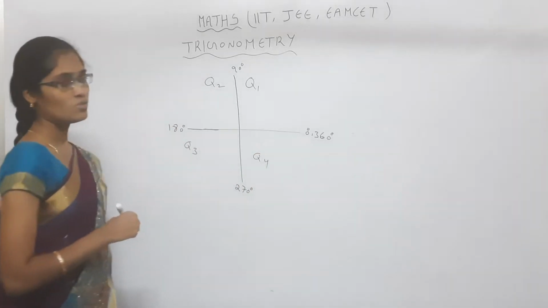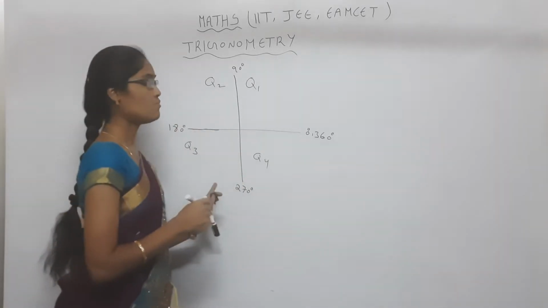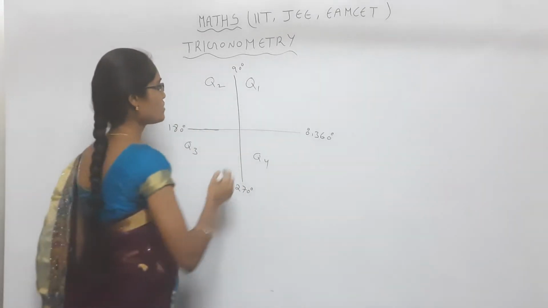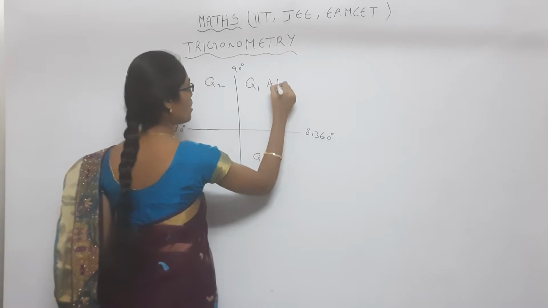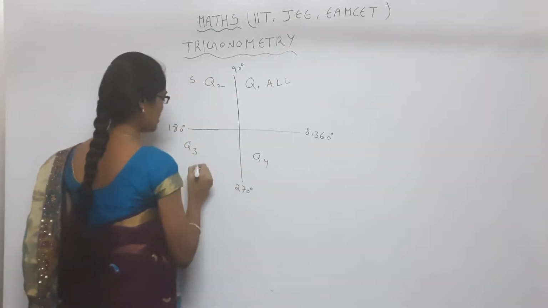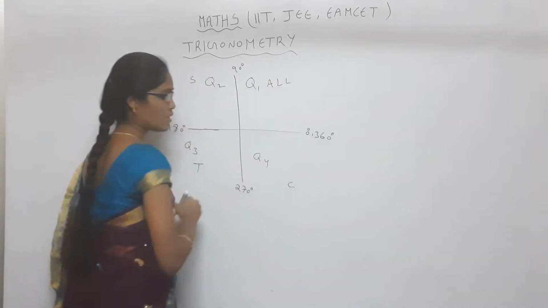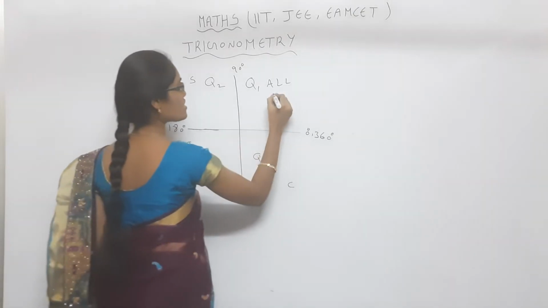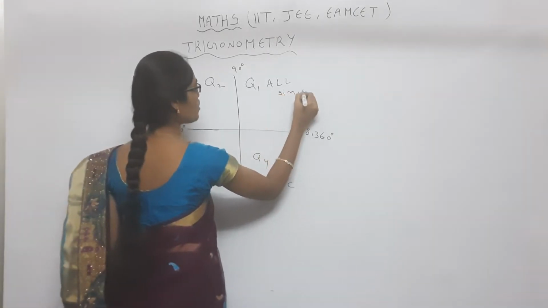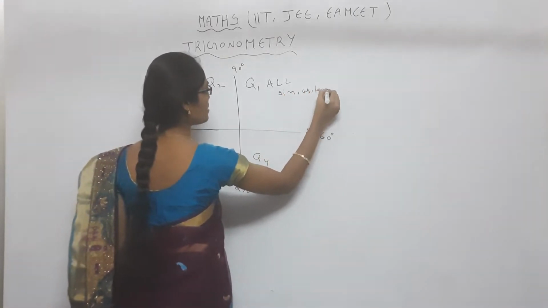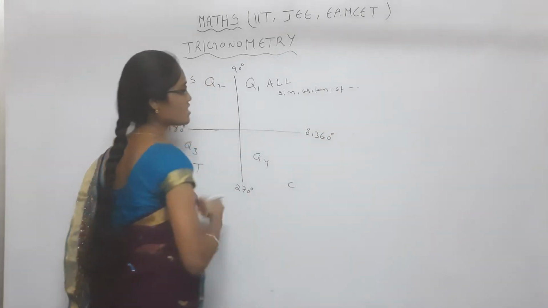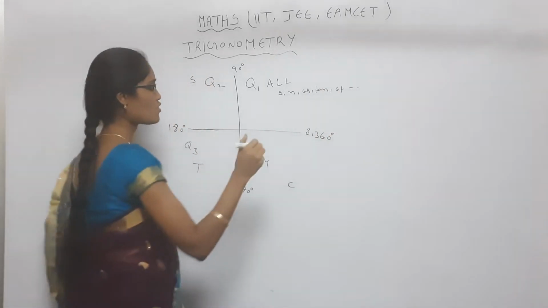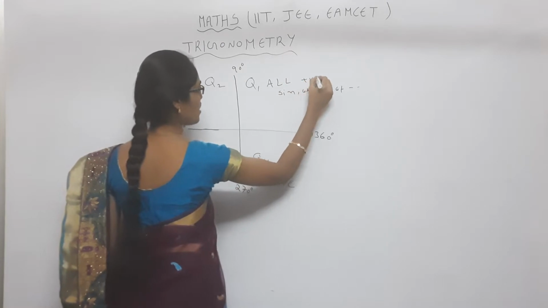Okay, all of you know this diagram: All Silver Tea Cups. All means all trigonometric ratios, sine, cos, tan, cot, secant, cosecant, are positive.